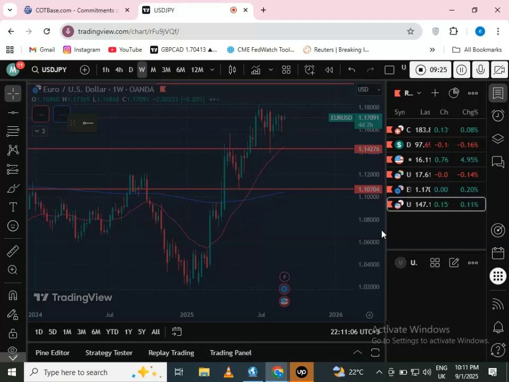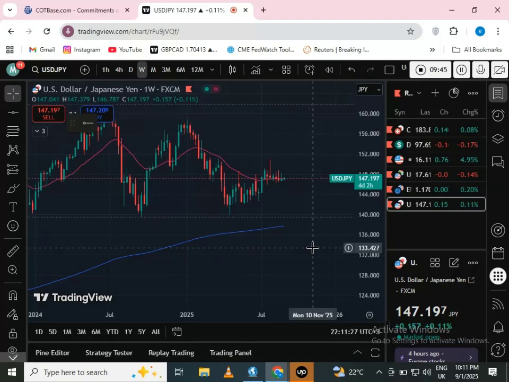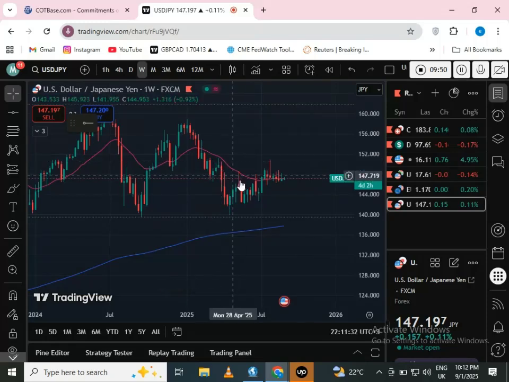Why will the USD Japanese yen be a downtrend? This is because of the large speculators. They are buying, they are more bullish on the Japanese yen compared to the dollar. So this means in the market the USD JPY will be a short.